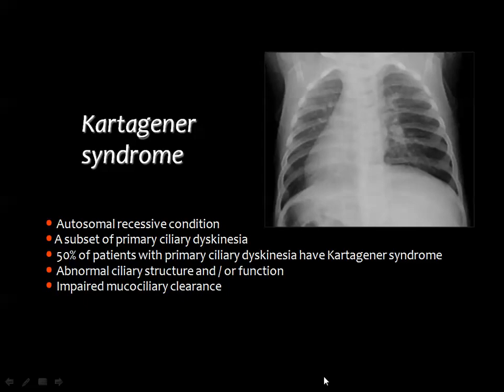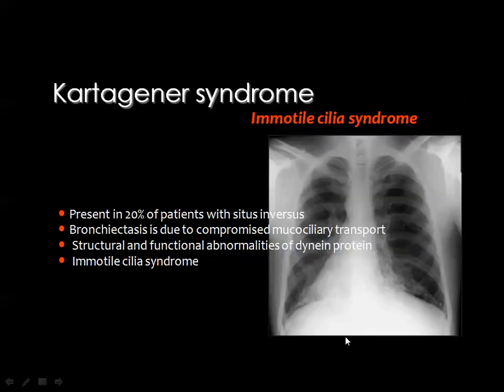The second disease which is also associated with bronchiectasis is known as Kartagener syndrome, which is an autosomal recessive condition and is a part of a major disease known as primary ciliary dyskinesia. In this disease, there is abnormal ciliary structure and function, resulting in accumulation of secretions within the bronchi and also the development of bronchiectasis.